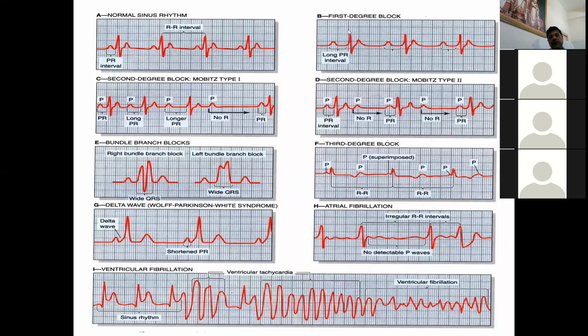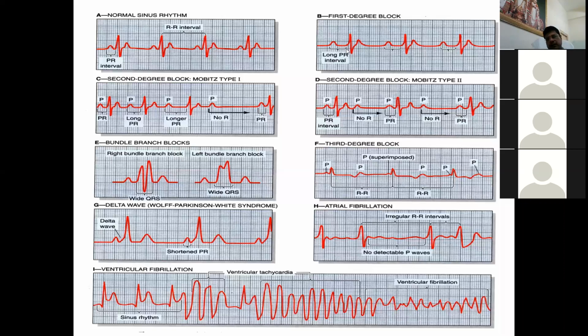The first degree heart block is where the PR interval is prolonged. You can see here, the normal PR interval is around 0.12 to 0.20 seconds. Here it is more. If you have the time, you can sit and calculate. You will see that this is more than 0.2 seconds.